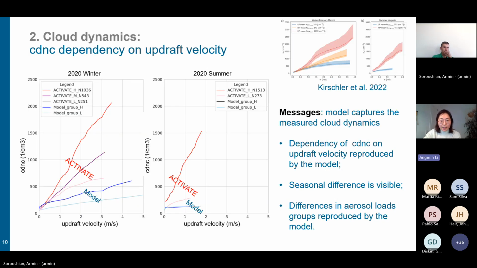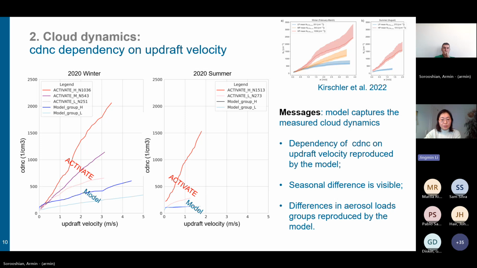Okay, good. Now we can include the curves from the model in the dependency plot. Those two lines in blue are from the model simulation. The dark blue represents the group with large aerosol loads. The light blue represents the group with small aerosol loads.